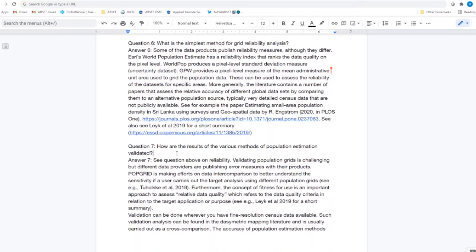And then finally, there's several papers that are linked here that estimate the reliability or describe the differences in reliability across the grid of products by comparing with more detailed data. See Stefan's paper from 2019 for a good summary of all this.